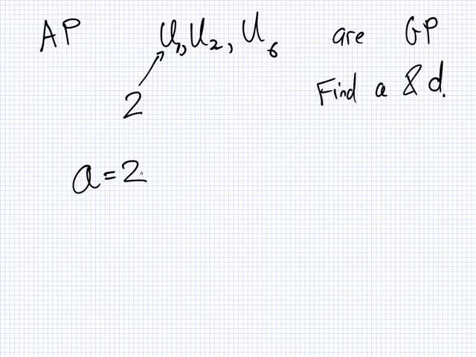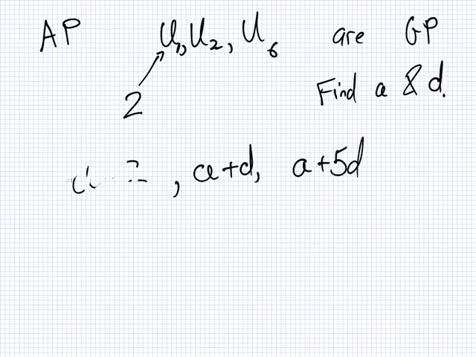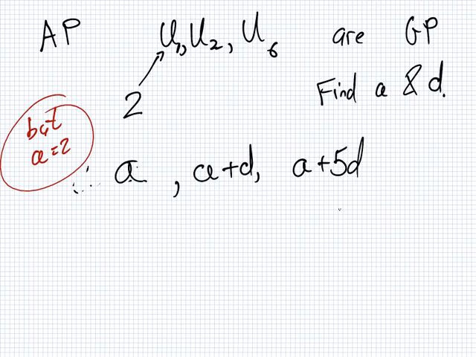The second term we don't know, so we'll write A plus D. And then the sixth term is A plus 5D. So this is U1, U2, U6. But these 3 are also geometric.